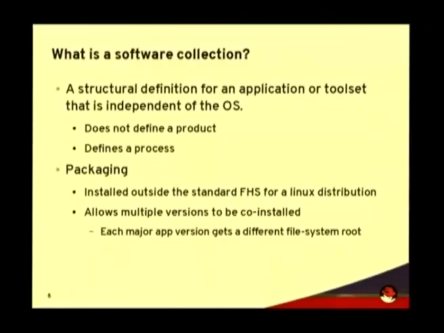And the reason is precisely because of the rules for packaging inside the normal FHS, because that is covered by the rules of the distribution. Fedora has Fedora packaging guidelines, Ubuntu has its own packaging guidelines, and so on. So by going outside the FHS defaults, we can now do a couple different things.